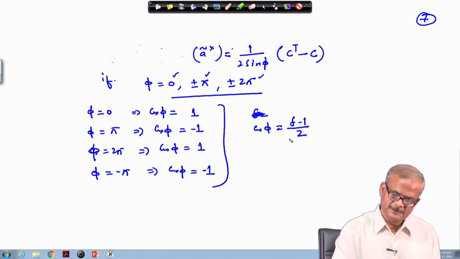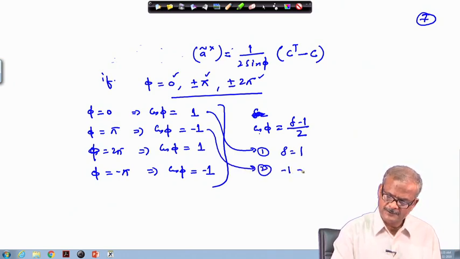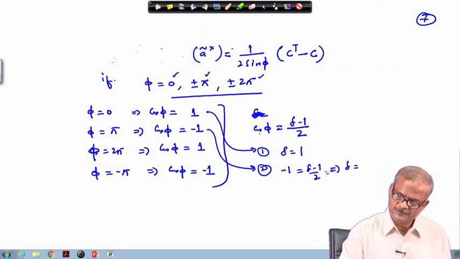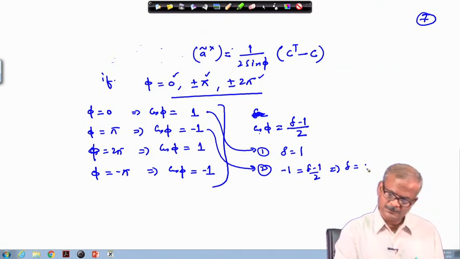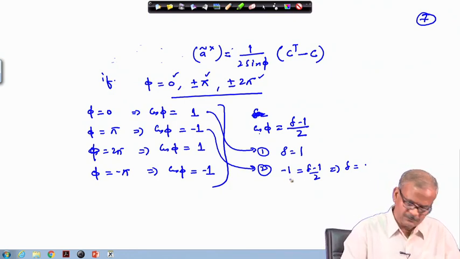If we choose phi equal to pi, cos phi equal to minus 1, then minus 1 equals delta minus 1 divided by 2, and this implies delta equal to minus 1.